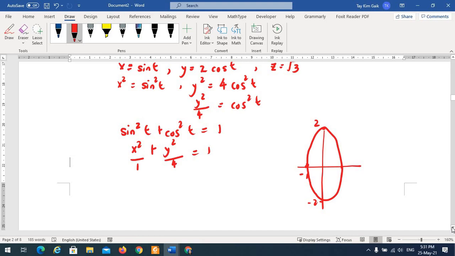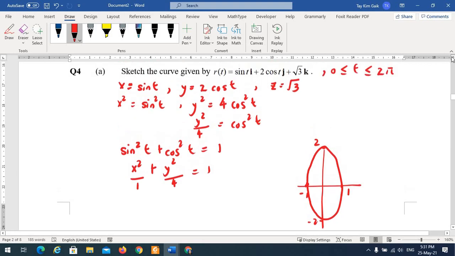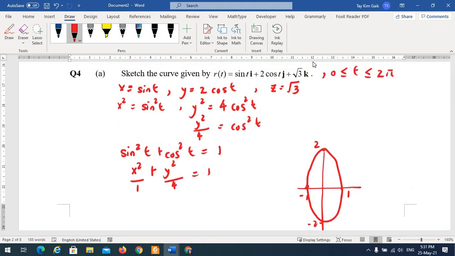When you let y be 0, x squared equal to 1, so x is negative 1 to positive 1. When you let x be 0, y squared equal to 4, so y will be negative 2 to positive 2. To know the direction of the ellipse, you have to plug in values of t, and then you put up x and y.